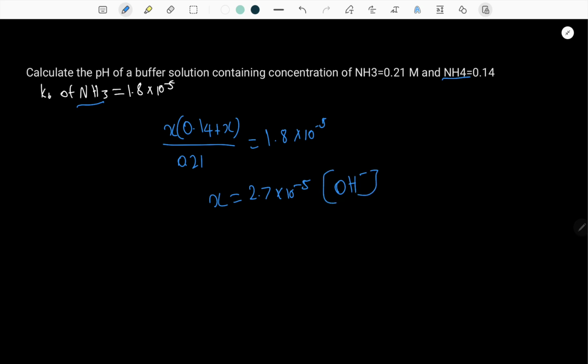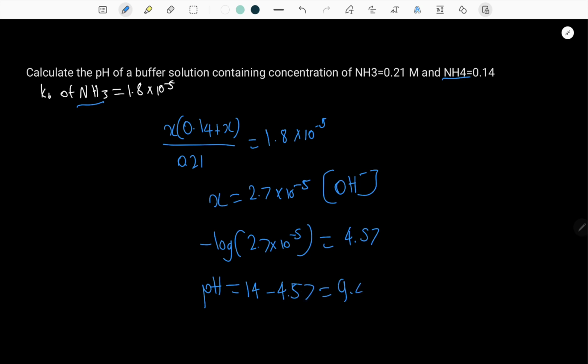So let's just do minus log of this answer, 2.7 times 10 to the power of negative 5, and this gives you the pOH of 4.57. Now pH is going to be 14 minus 4.57, and this is the answer of 9.43.